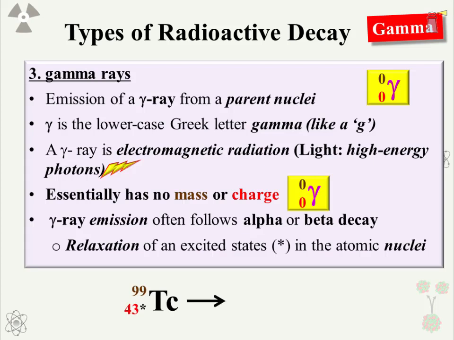It can emit a photon of light. Since the light has no mass or charge, there will be no change in the mass or charge of the daughter nuclei. It will still be technetium. There is an asterisk to indicate that the parent nuclei is excited, but not one on the daughter. That extra excited energy is given off in the form of light, gamma rays.